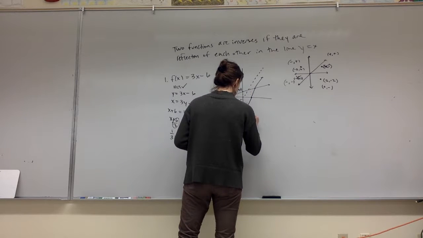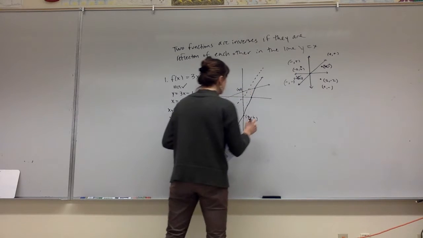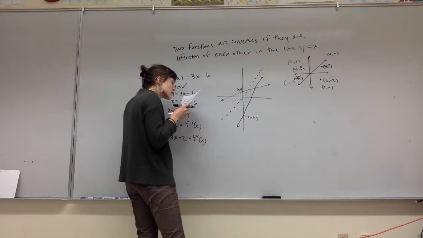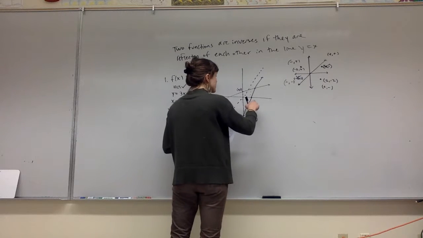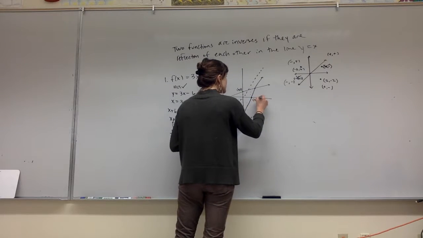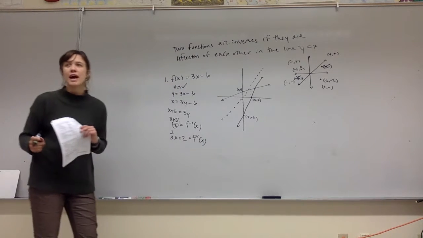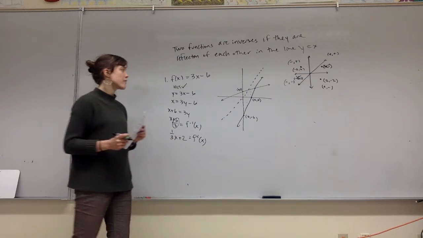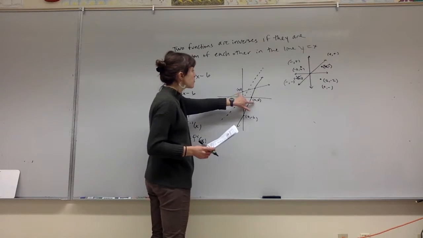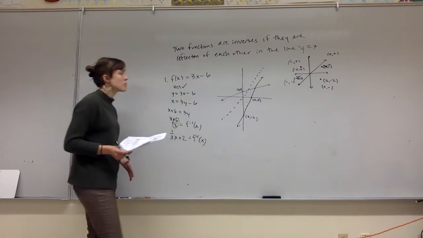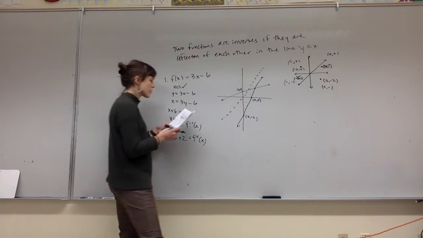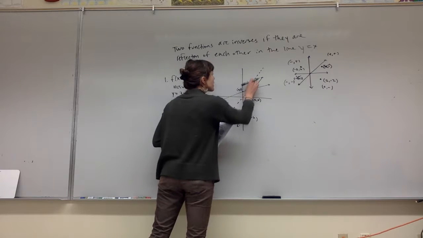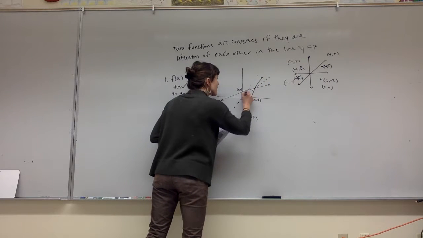I have this point of 0, -6. But also, if you look at where this crosses based on the slope, this is at the point 2, 0, the x-intercept for this first line. And so these 2 points are good reflection points to show me that if I had done this correctly, it would have this dotted line going through the middle like this.